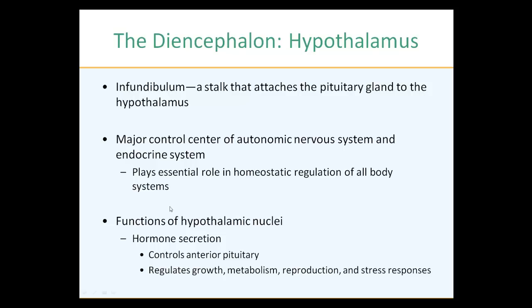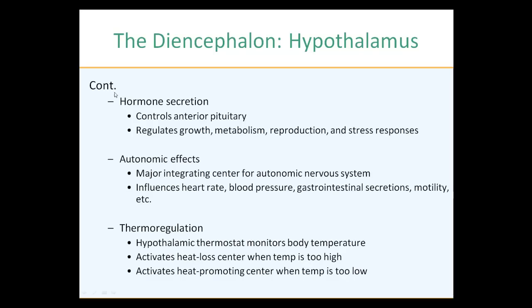It controls the hormonal secretions because it can regulate the pituitary gland secretion. It regulates growth, metabolism, reproduction, and stress responses. It controls the blood pressure. It controls the gastrointestinal secretion, your hunger, whether you're hungry or not, and the thirst centers.